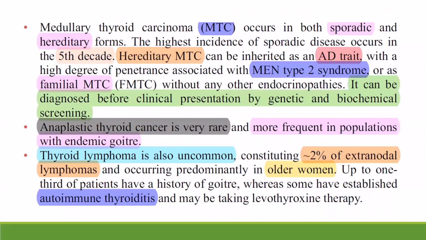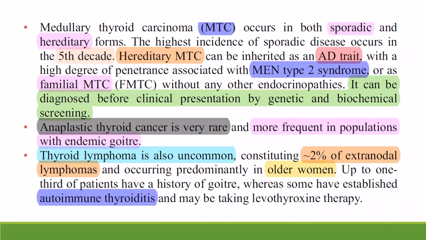Medullary thyroid carcinoma occurs in both sporadic and hereditary forms. Hereditary medullary thyroid carcinoma is an autosomal dominant trait, and we will discuss it in more detail with MEN type 2, either A or B. Also medullary thyroid carcinoma may present as familial medullary thyroid carcinoma, and it can be diagnosed before clinical presentation by genetic and biochemical screening.